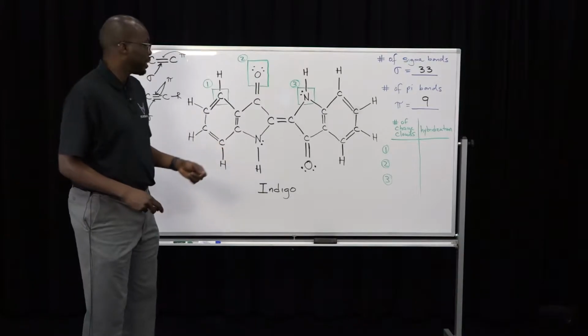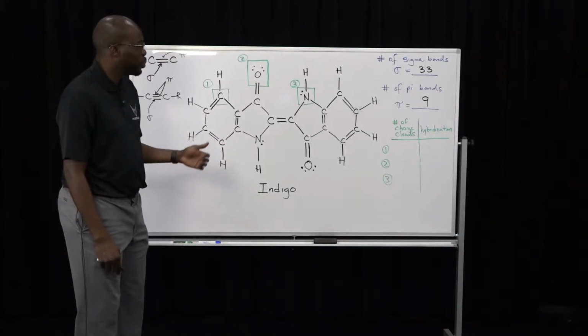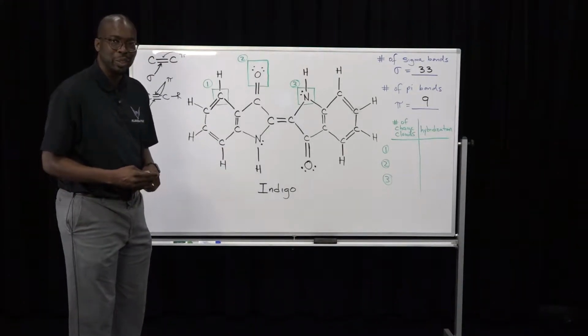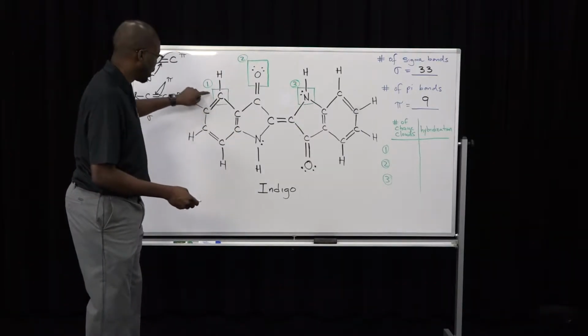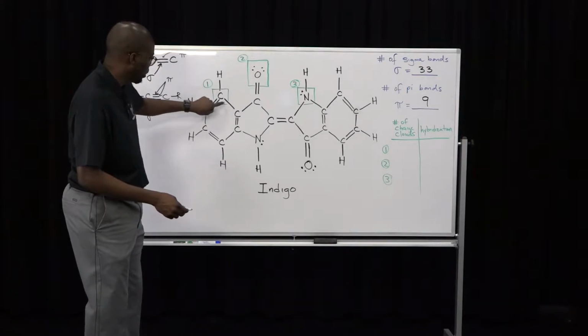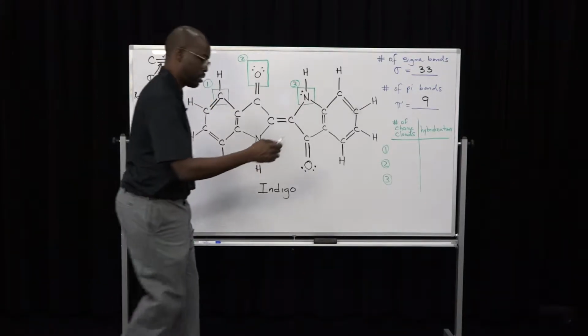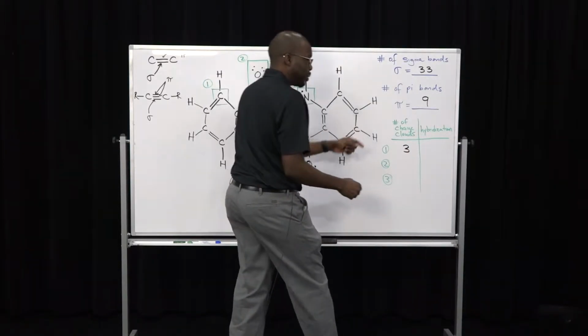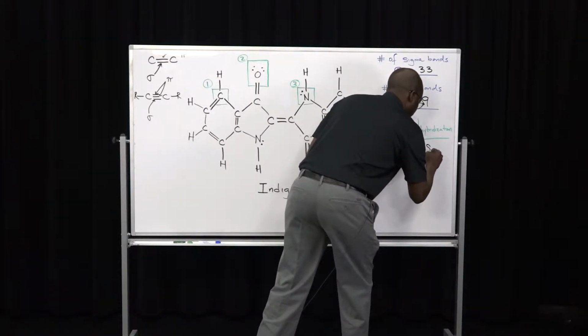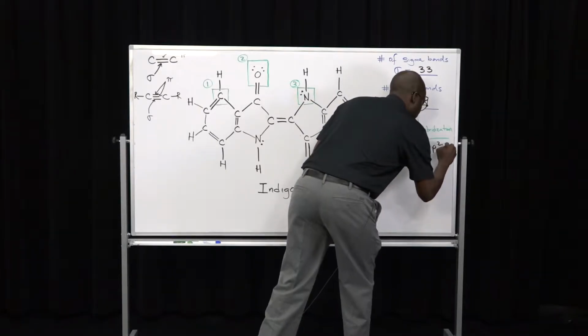And the type of hybridization associated with the trigonal planar structure is considered to be sp2. Okay? So the number of charged clouds again, 1, 2, 3. We have 3 charged clouds. The hybridization is sp2.